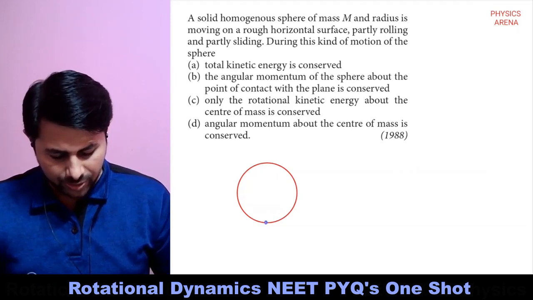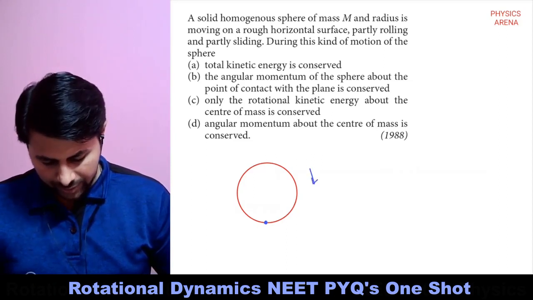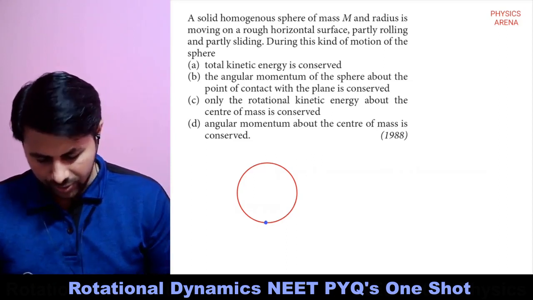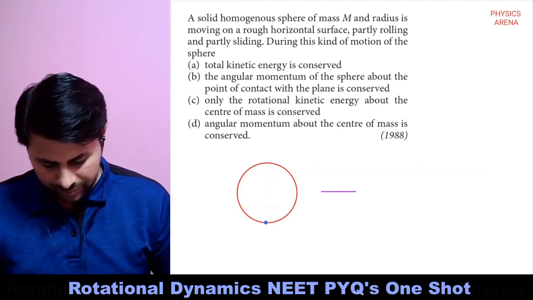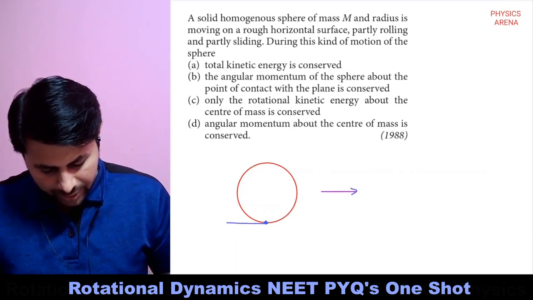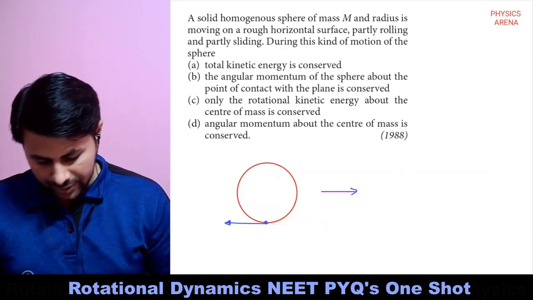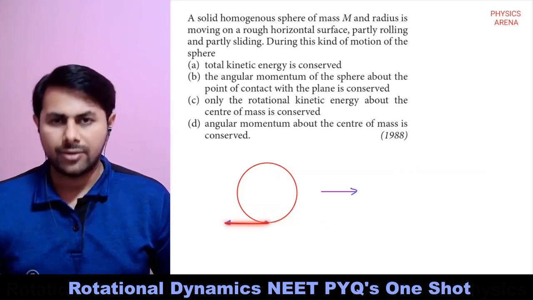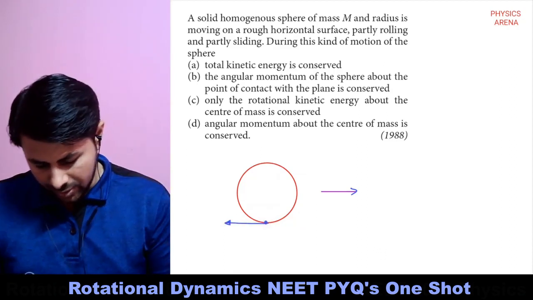Now frictional force will be there. If this body is rolling and moving in this direction, then the frictional force will act in this direction if the body slips in this direction, right? So frictional force passes through this point, the point of contact, okay?